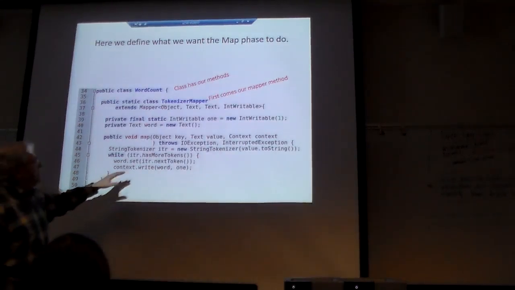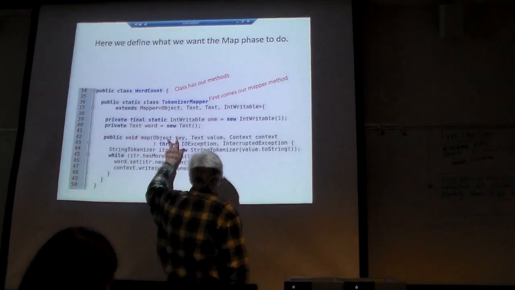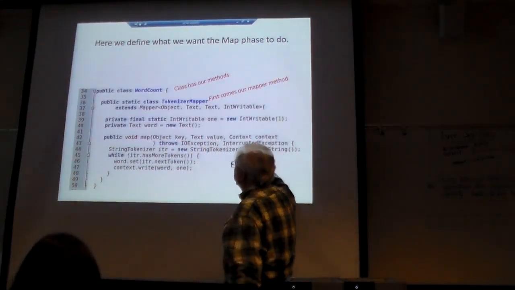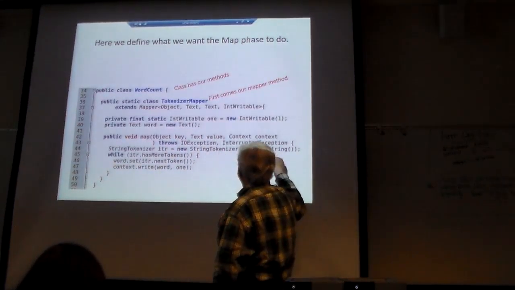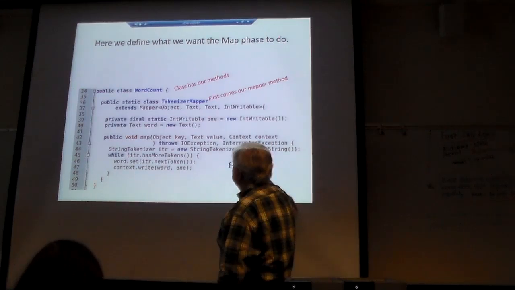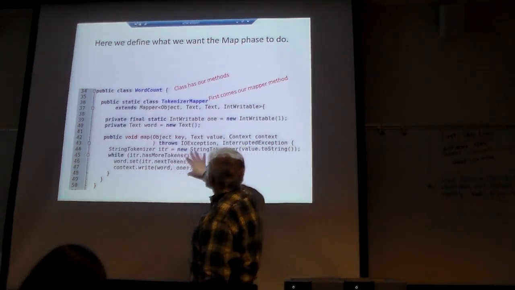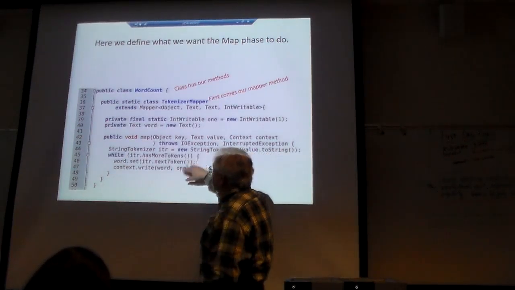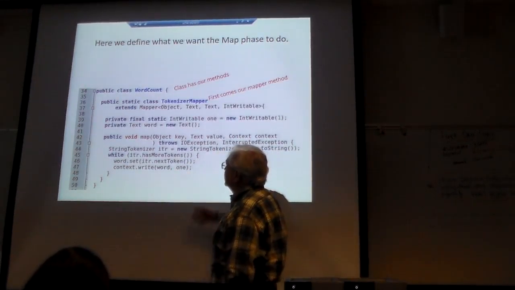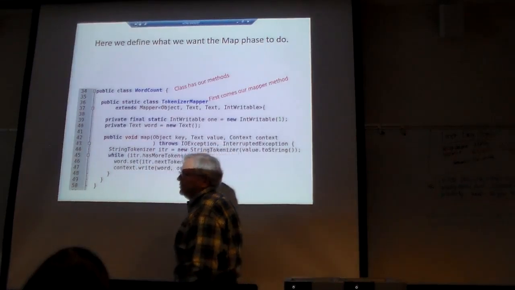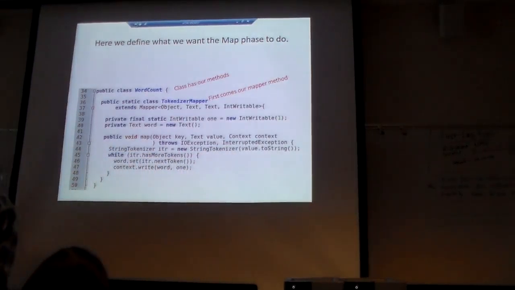And then in order to make it do its thing, we give it an object key, a text value, some context, tell it what to do if it's upset. And then we're inserting the string tokenized value. And fundamentally, we're telling that mapper how to take lines of text and split them into those key value pairs.